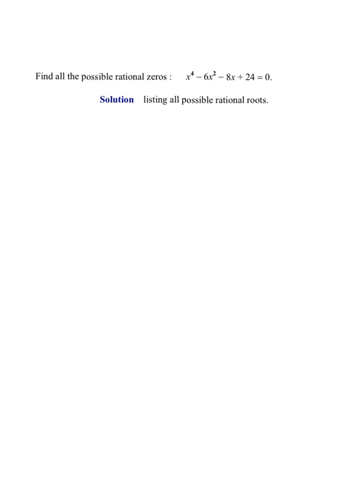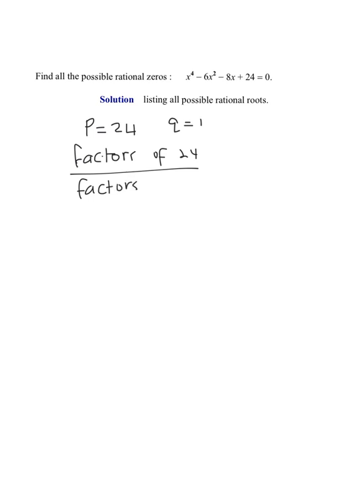So here, let's list all the possible zeros. We identify the P, which is 24. We identify the Q, which is 1. So we find the factors of 24 over factors of 1. So we're going to write them here.